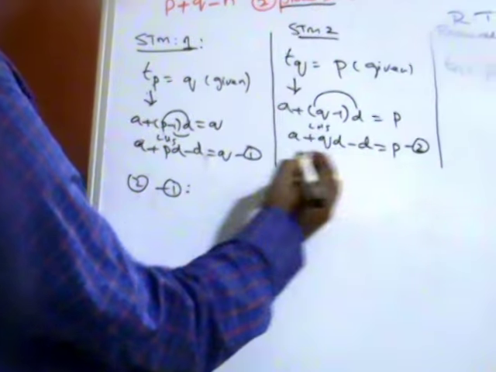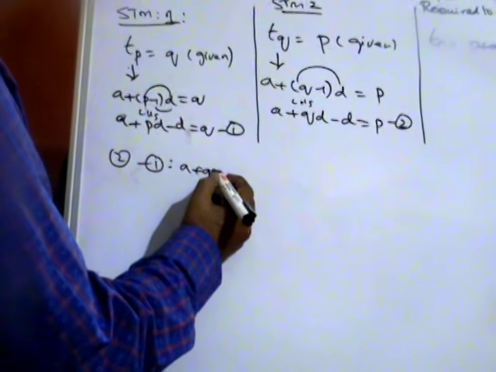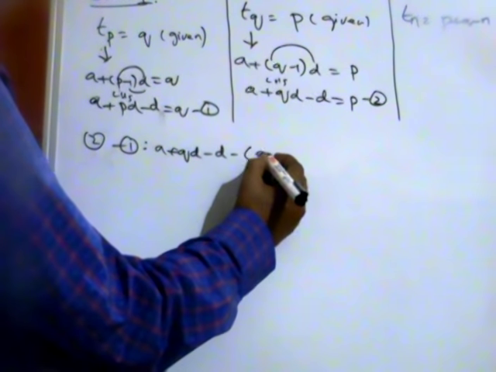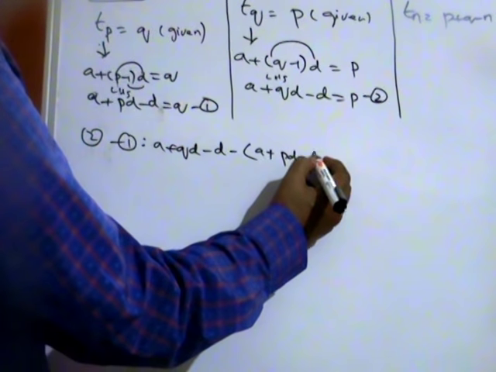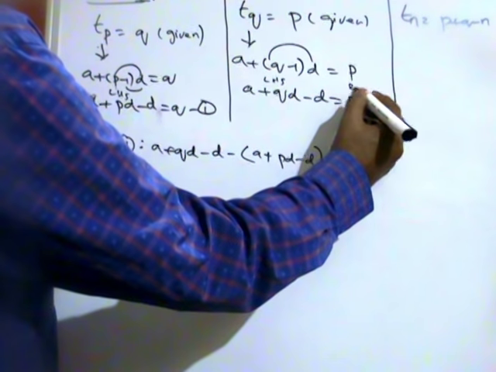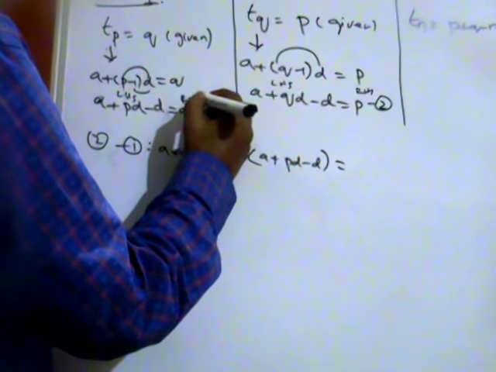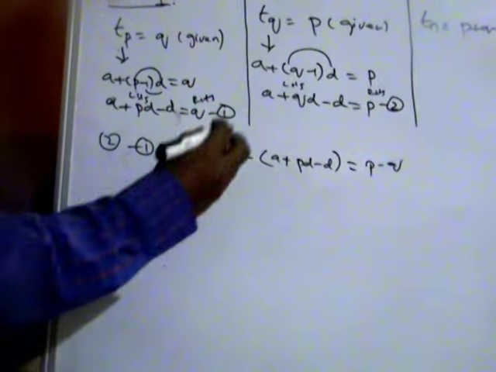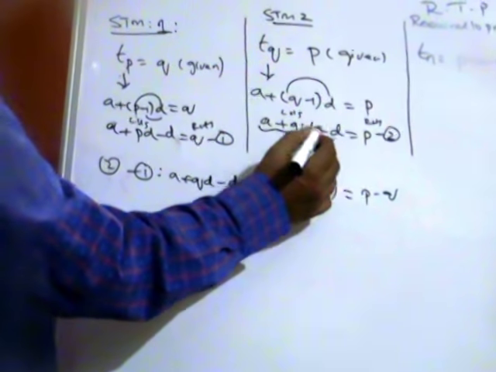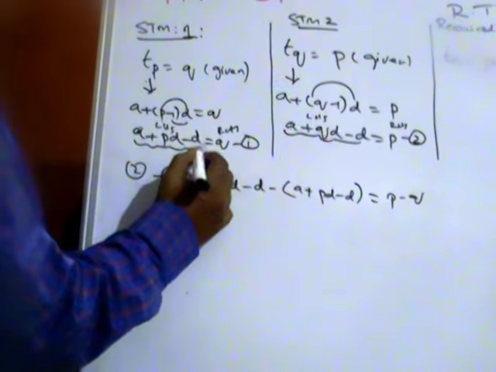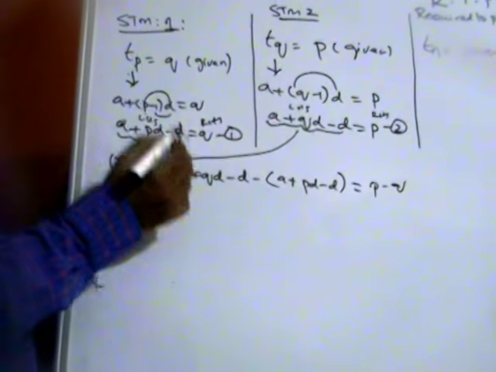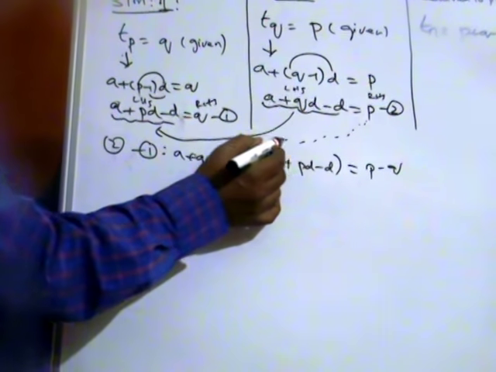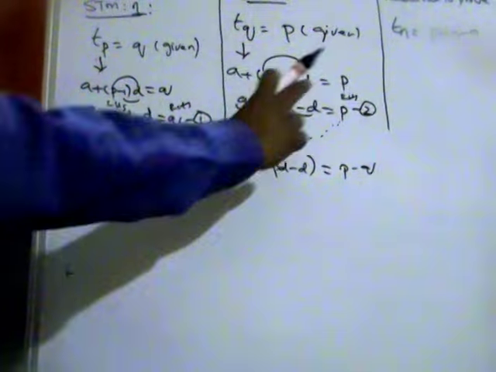Equation 2 left hand side is A plus QD minus D, minus this left hand side, A plus PD minus D, equal to, then we subtract the right hand sides, equal to P minus Q. Again I repeat, you have to subtract 2 minus 1. These two you must subtract, left hand sides. I have written here, and then you must subtract the right hand sides. That is easy, P minus Q.